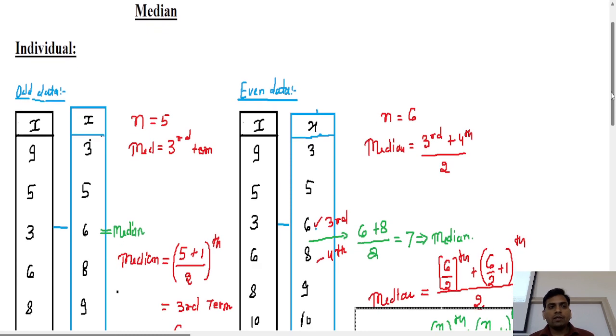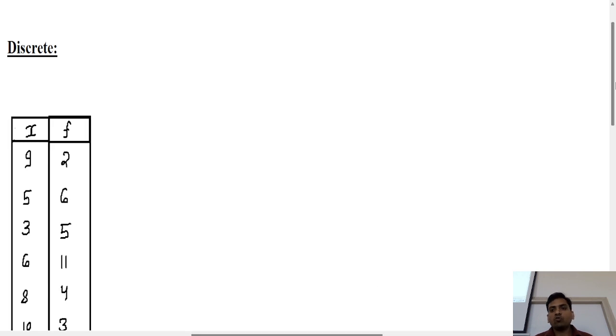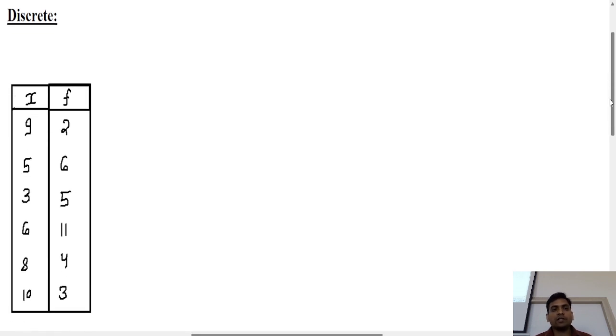So this is individual data. So the second data type is what? Discrete. So discrete data means with X and F, variable and frequency. So we will arrange this data first.